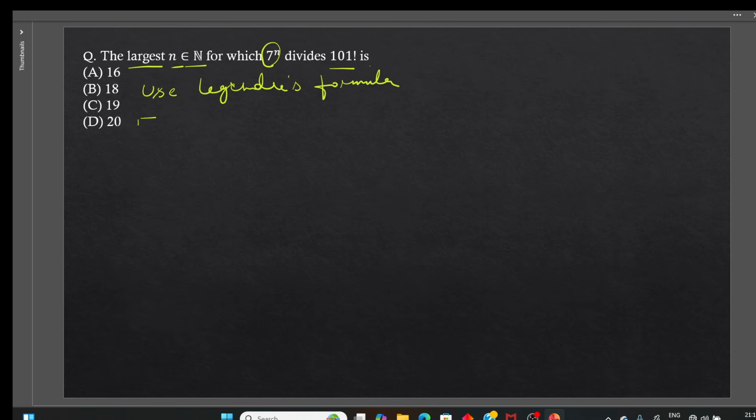The exponent of a prime p dividing n factorial is equal to the sum of k from 1 to infinity of the floor of n by p to the power of k. So this is Legendre's formula.